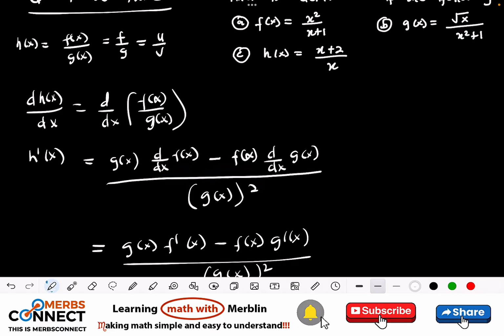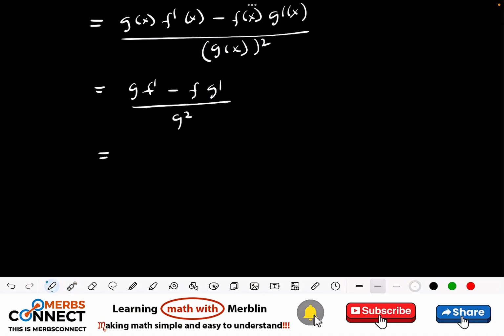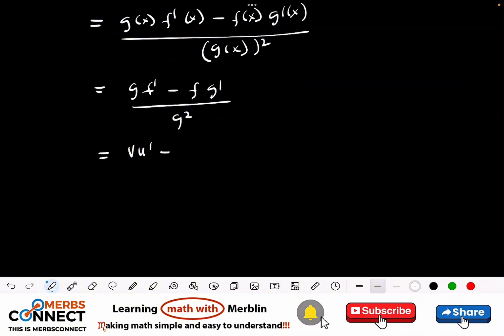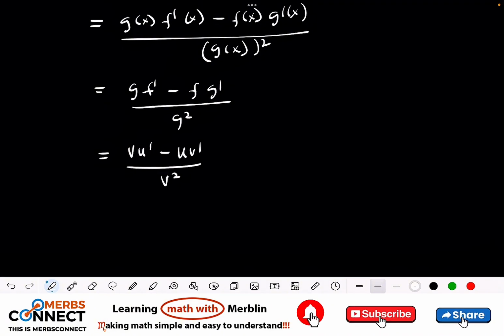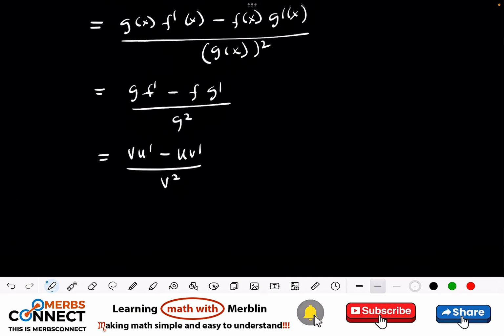So if now I set my f to be u and then my g to be v, then I'm going to have this one to be v u prime minus u v prime divided by v squared. So any of them holds, right? All you need is you set your equation given to you to either f over g or u over what? v.